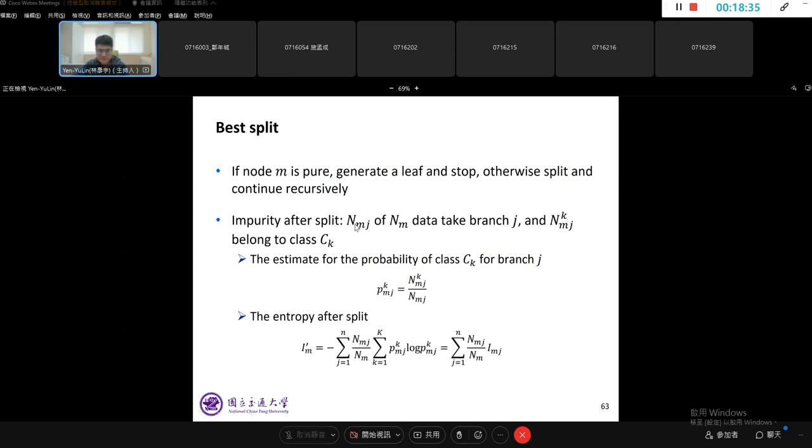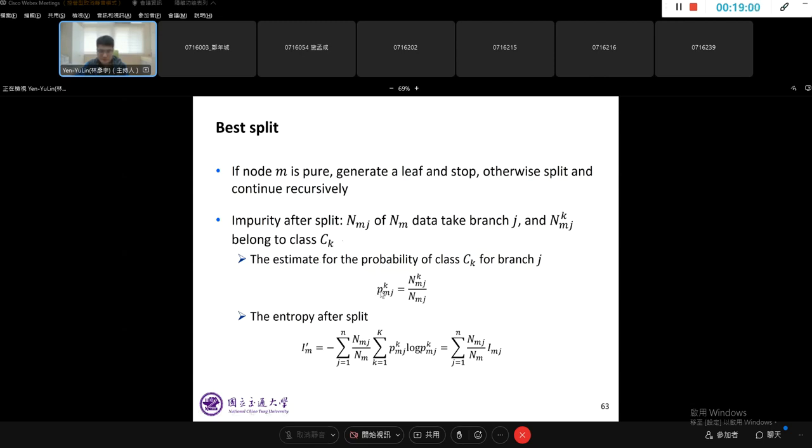We use M_MJ to denote the number of data points that go to branch J. And M_MJK is the number of data points that go to branch J and belong to class C_K.